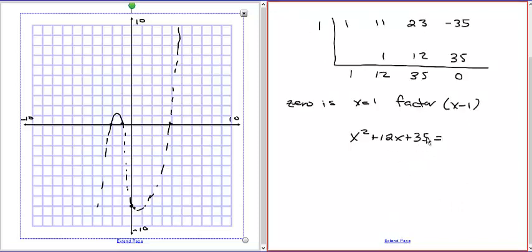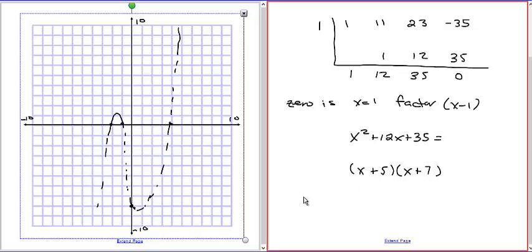Are there two numbers multiplied together to give you 35 that add up to 12? The answer is yes. They are 5 and 7. This is why it's good to know your multiplication tables.